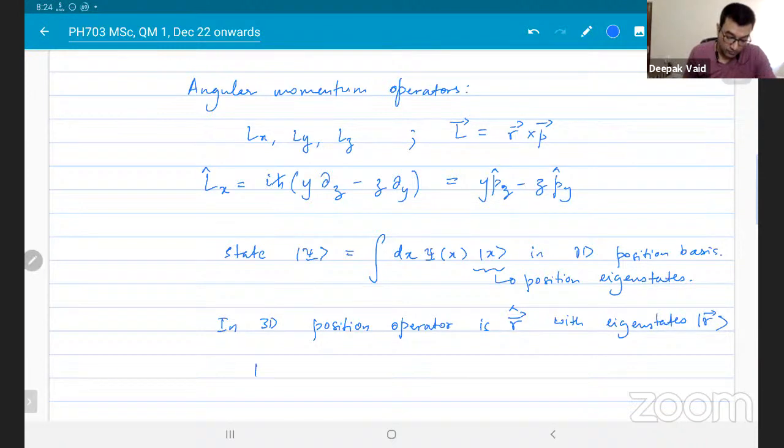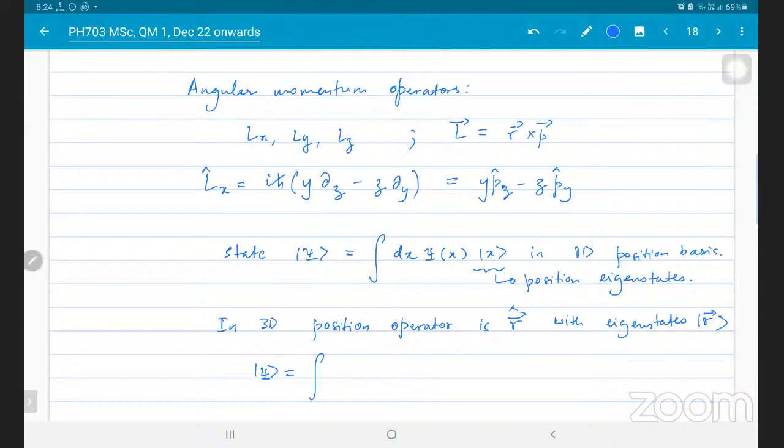So if you have a state in 3 dimensions, how will I write it? Yes? Pranav? Shantanu? What will be the next thing after this integral? d cubed r.